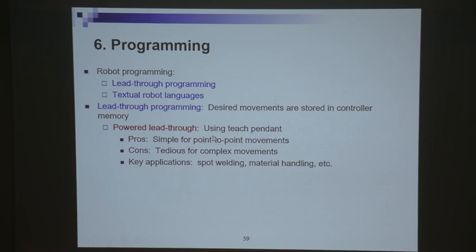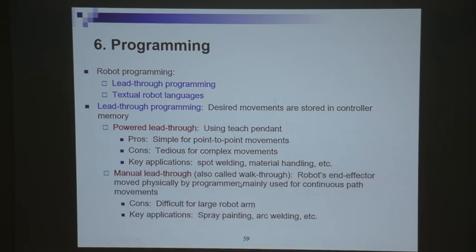We mentioned earlier that a lot of the time we are dealing with point-to-point movement, so the teach pendant is very good at that. But the con is that it is very tedious for complex movement. Spot welding, material handling, and so on, you can use a teach pendant to do.